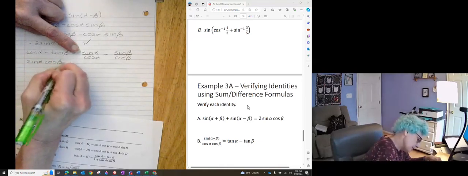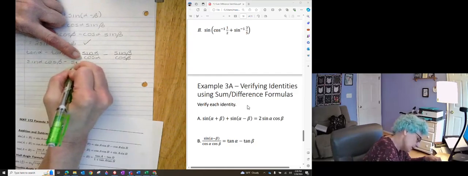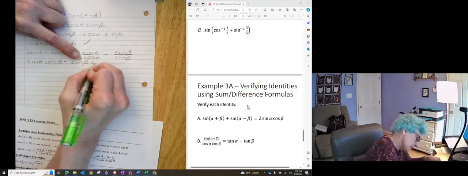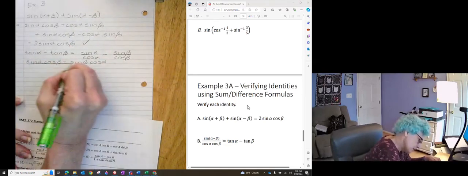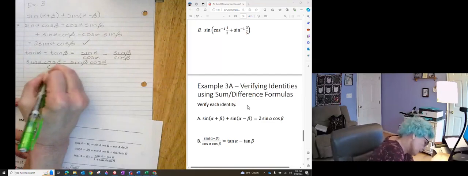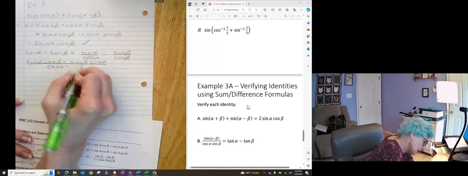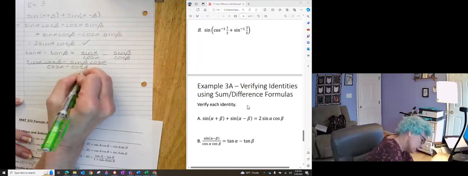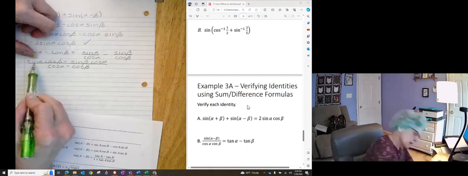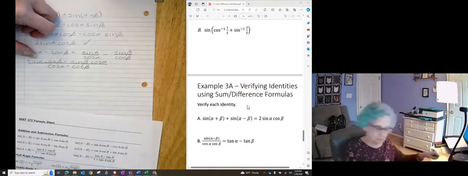So I end up with sine alpha cosine beta minus sine beta times cosine alpha, all of that living on top of cosine alpha cosine beta.